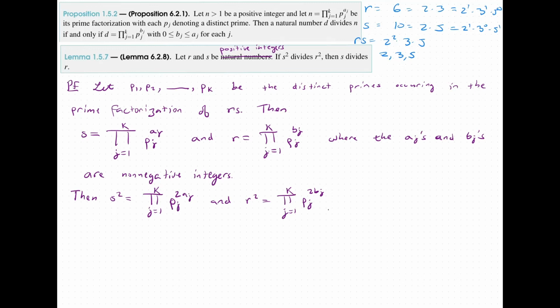But by assumption, we have that s squared divides r squared.